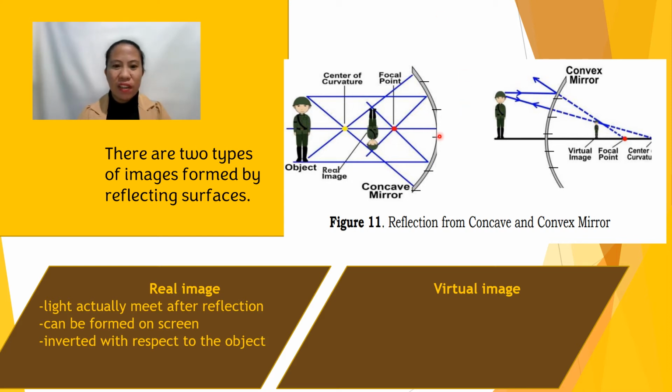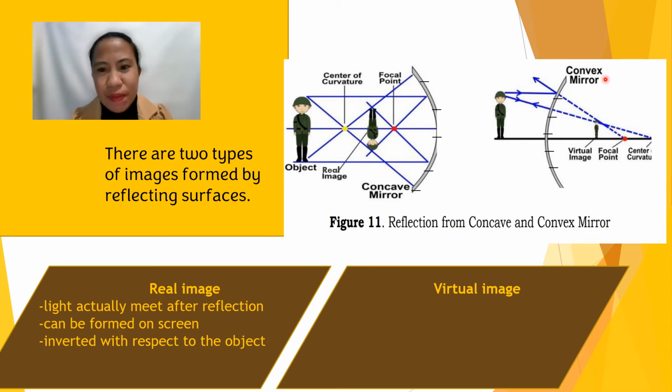For example, in concave mirror, it has a reflecting surface that is inward. So remember in the demonstration earlier, as the concave mirror is hit by light rays, the light rays are reflected in front of the mirror. They actually meet, the light rays.